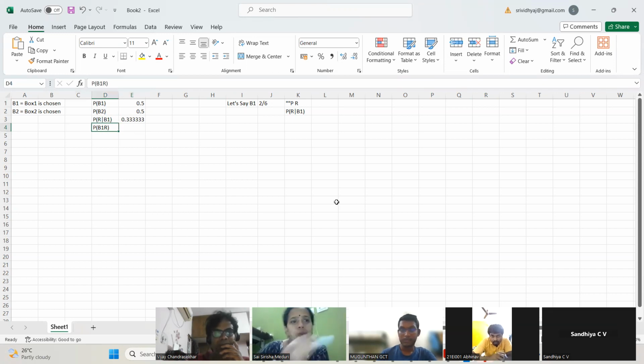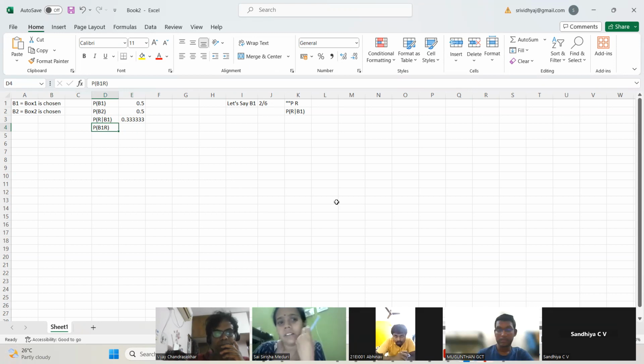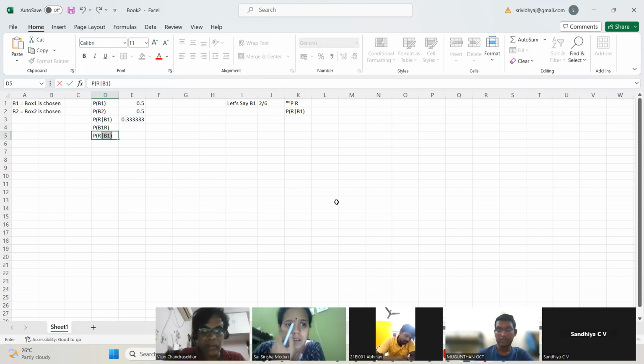We have to find probability of R also, right? Why? We don't need to. Can I say this is same as probability of R and B1? We know that probability of A intersection B is same as probability of B intersection A. No difference, correct?